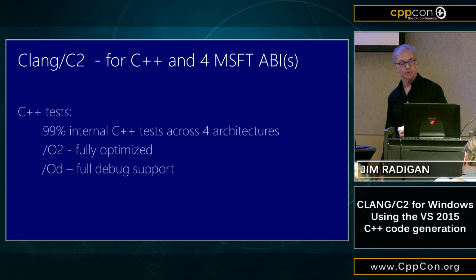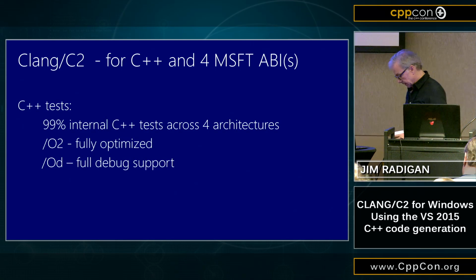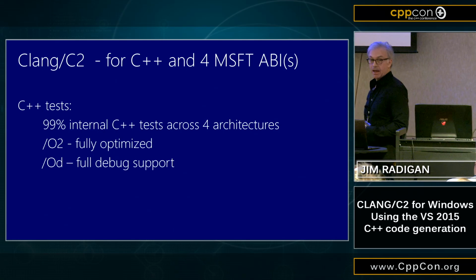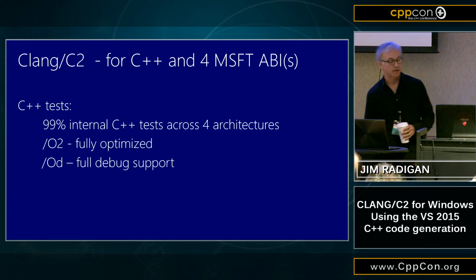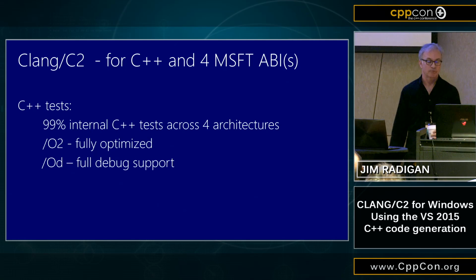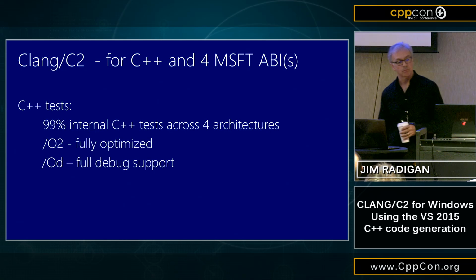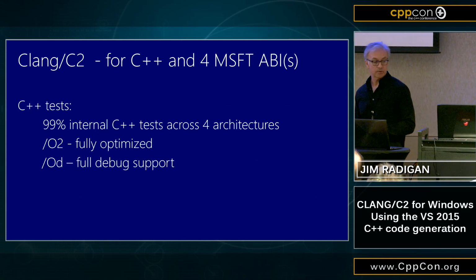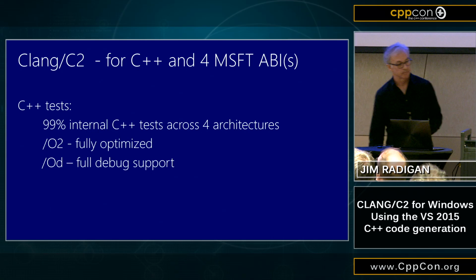So Clang for C2, this is about the status. We are at 99% correct for all of our internal testing across 4 architectures. That's with fully optimized code and with full debug support.